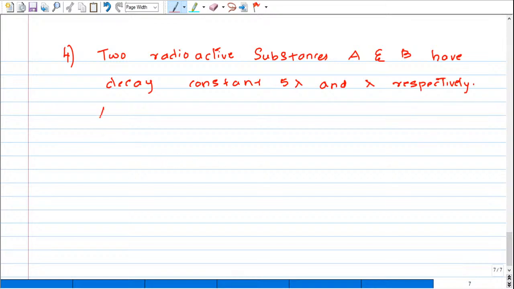At t is equal to 0, they have the same number of nuclei.